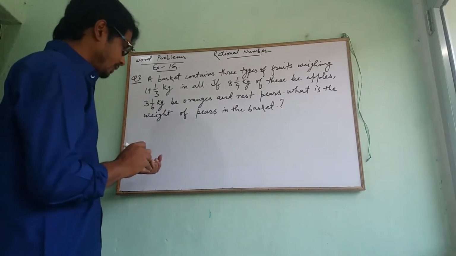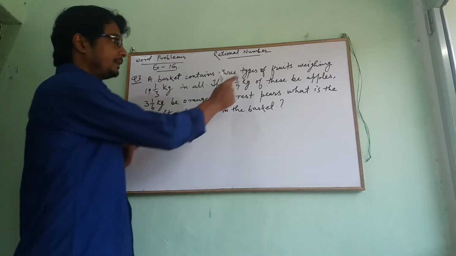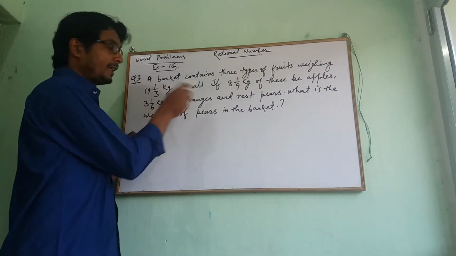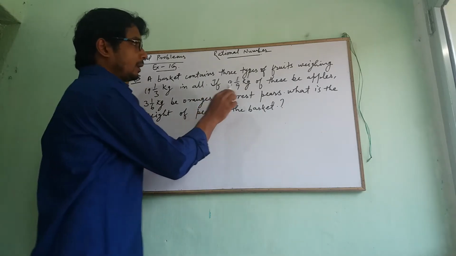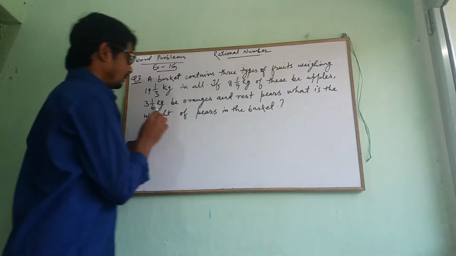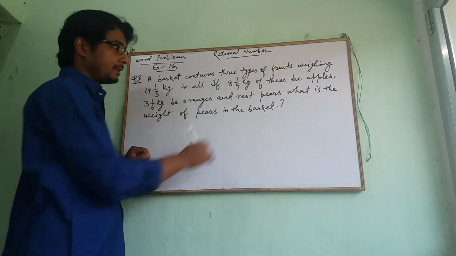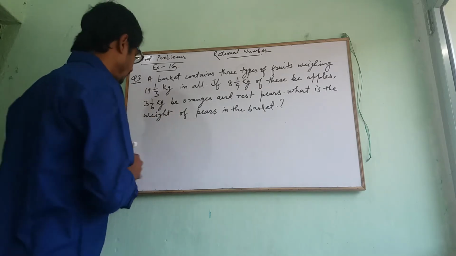Now my question informs me that a basket is containing 3 types of fruits. The weight of all the fruits is 19 whole 1 by 3 kg, in which 8 whole 1 by 9 kg is apples, 3 whole 1 by 6 kg is oranges, and the rest is pears. Now I have to find the weight of pears. So let's solve this question.